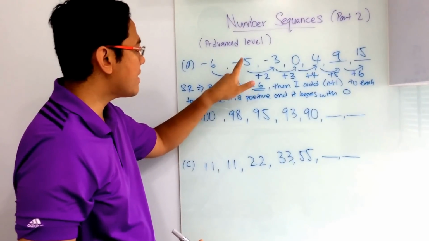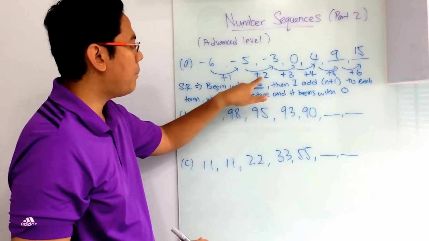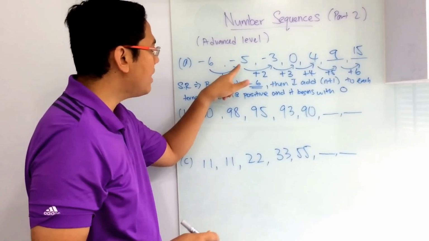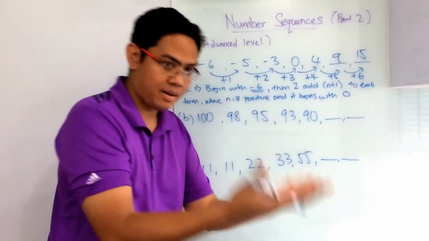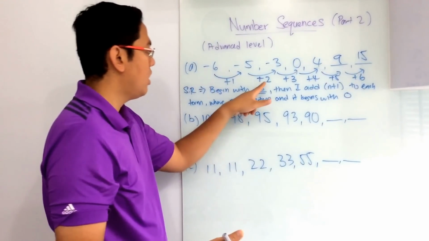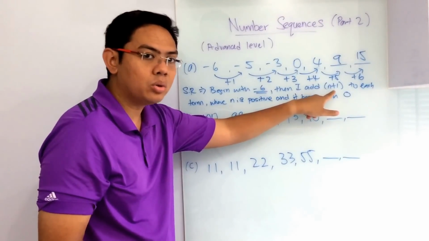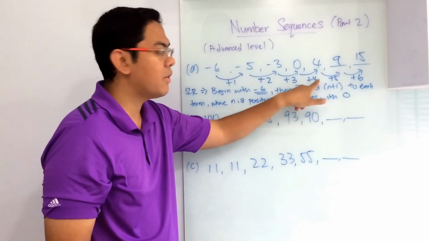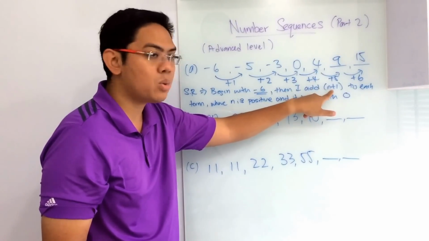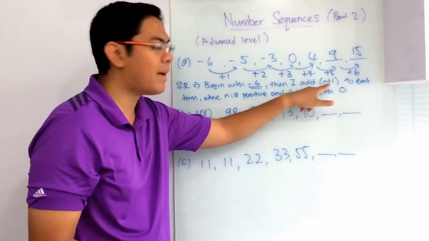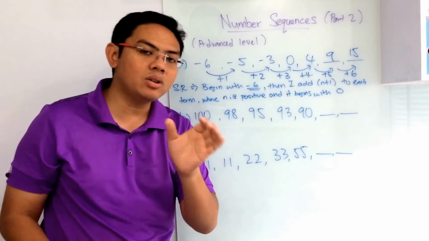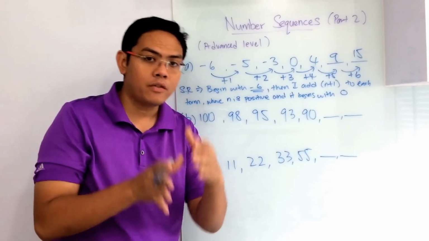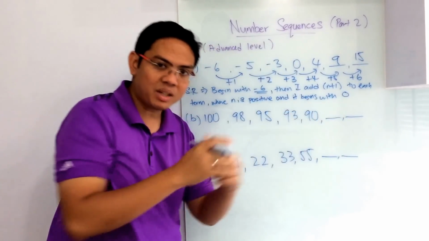Look at the second to the third term: I plus 2. So n plus 1 is 2. Subsequently, 2 plus 1 is 3, 3 plus 1 is 4, 4 plus 1 is 5. So n plus 1 denotes what I should do from each term to the subsequent term.